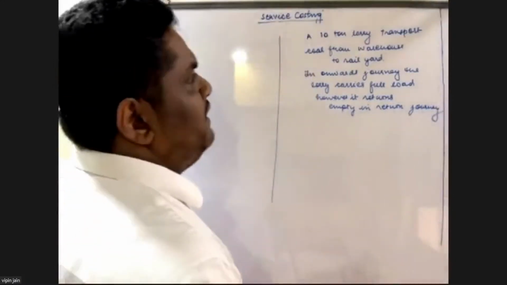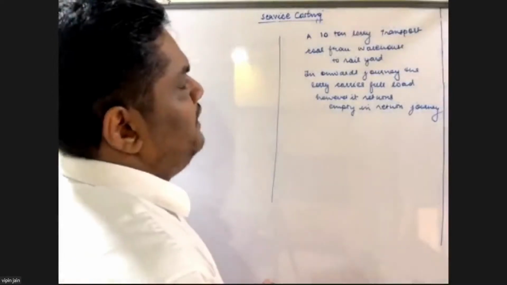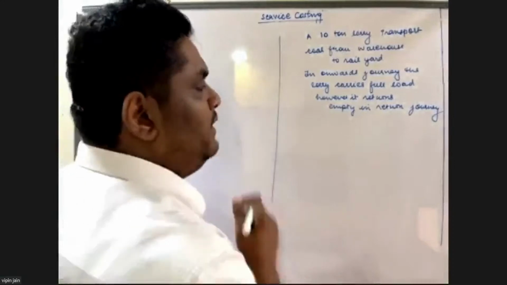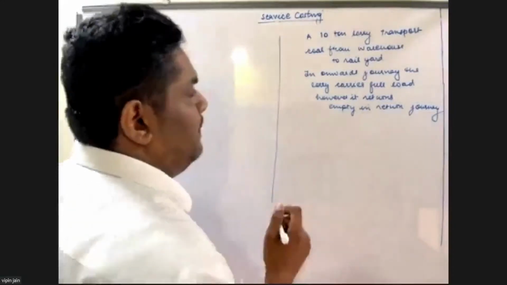A 10-ton lorry transports coal from warehouse to rail yard. In onward journey, the lorry carries full load. However, it returns empty in the return journey.